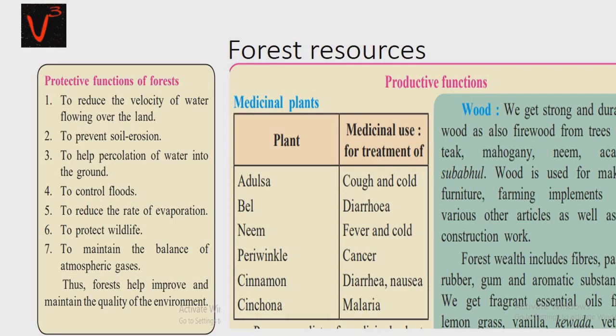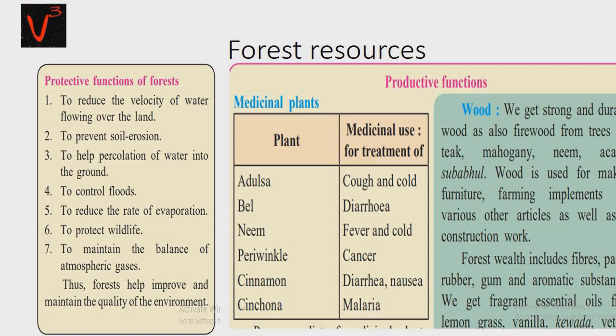Also we know that from forest we get wood. Woods like neem, acacia, teak. Wood is used for making furniture, farming implements and various other articles as well as construction work. Forest wealth includes fibers, paper, rubber, gum and aromatic substances.